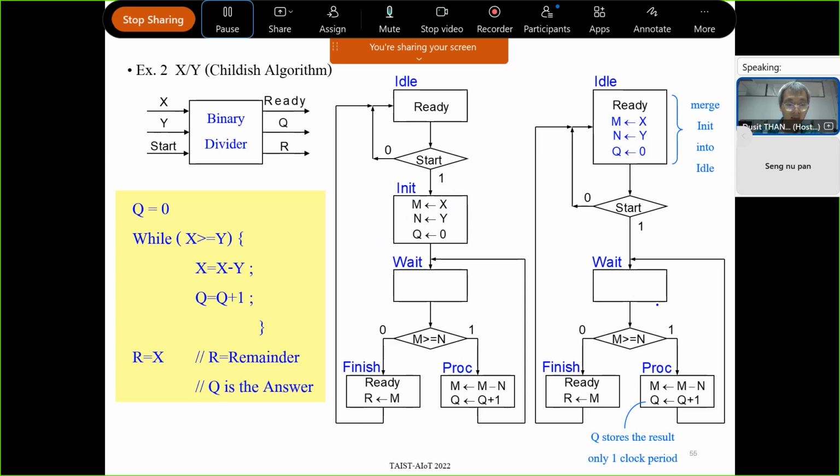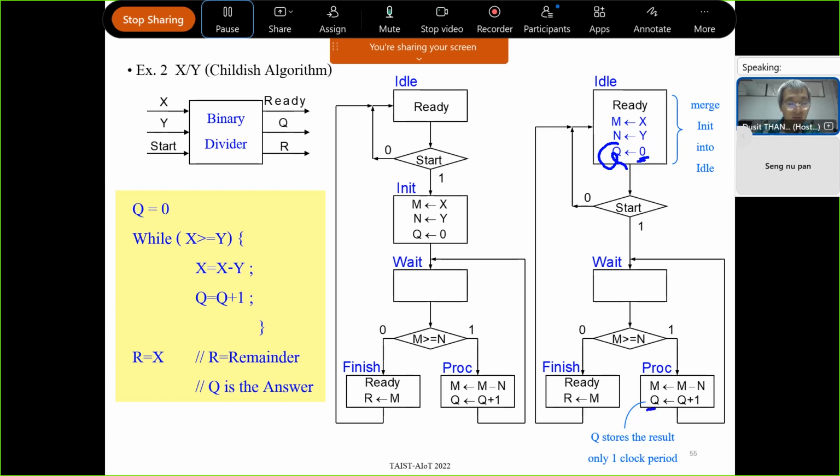Anyway, from this state, if you complete the calculation, your result is in Q, right? And if you complete this, wait at this state, and then go to this state, what happens? During wait for the start signal, the value of Q is cleared to 0, right?